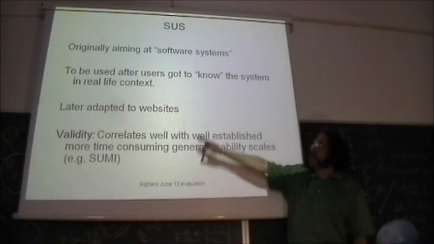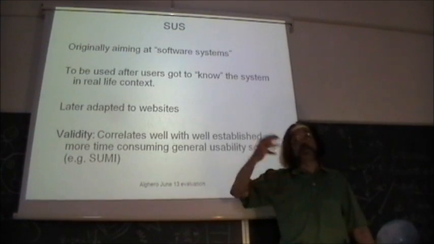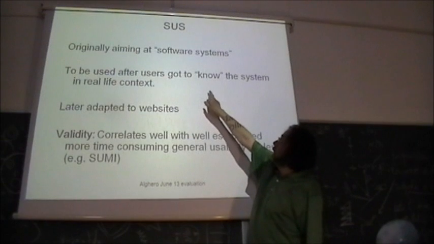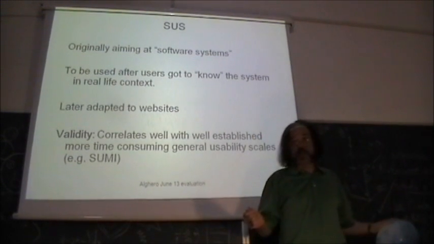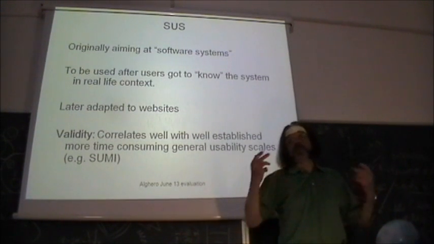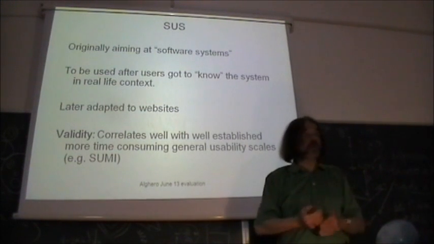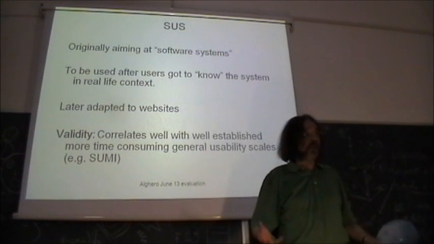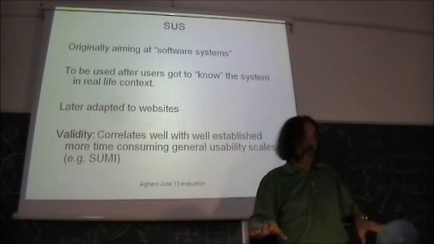So, originally the SUS was intended for software systems. It's now rebuilt for websites. The SUS is used not by professional evaluators, but by simple users. If you would like to provide a good SUS report on the website of a car rental, you need about 15 people or more who actually have been renting a car with the company.